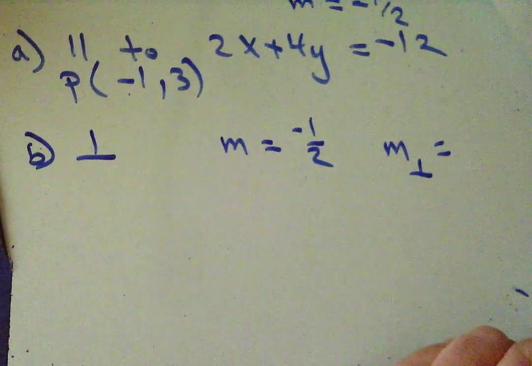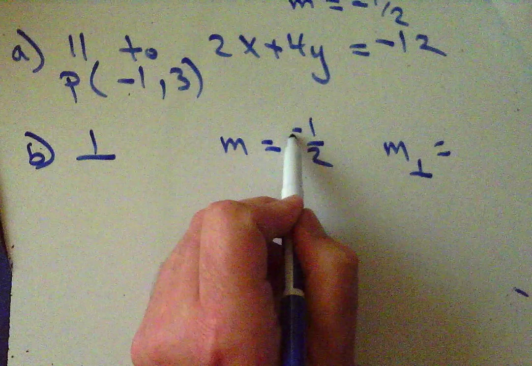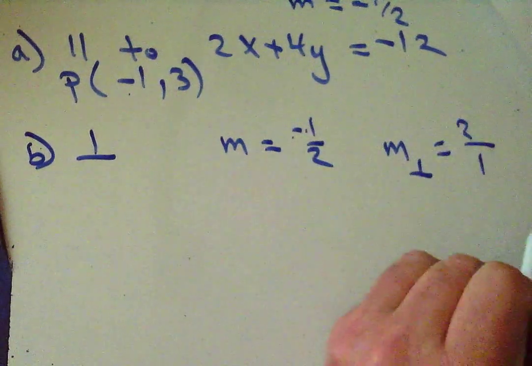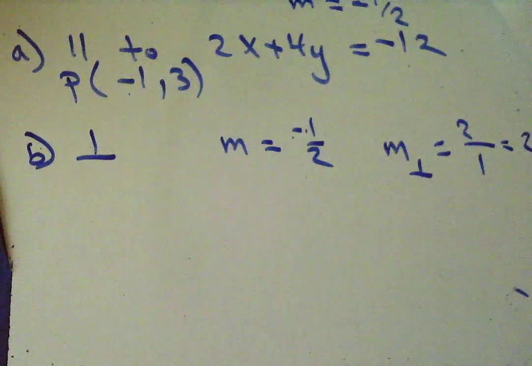We know that the slope of this line is negative 1/2, so the slope of our perpendicular line has to be the opposite reciprocal. This one was negative, so this one will be positive. This was 1/2, so this will be 2/1. So the slope of our perpendicular line is 2.